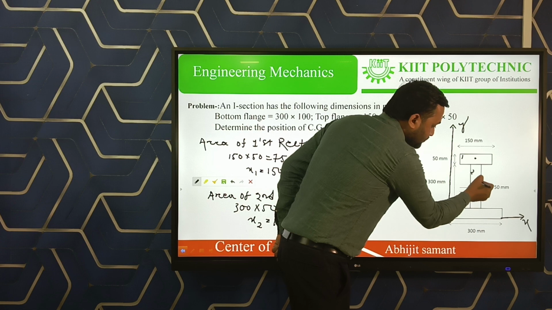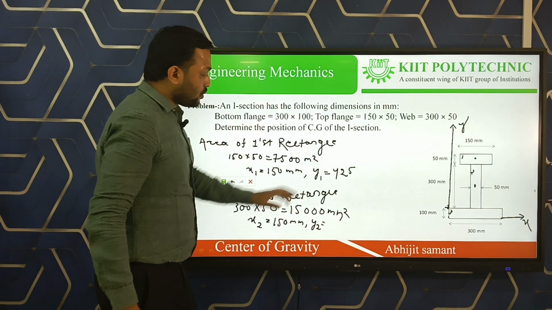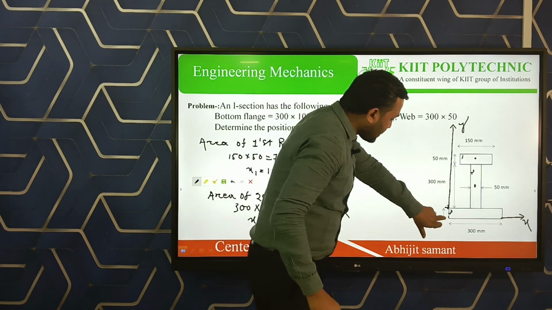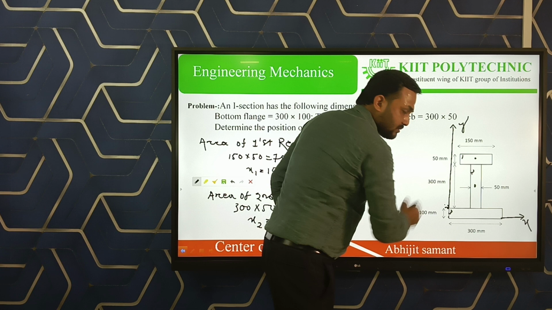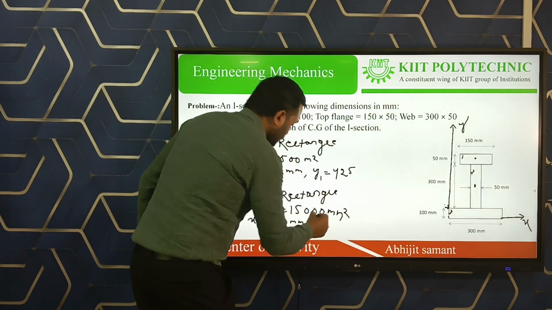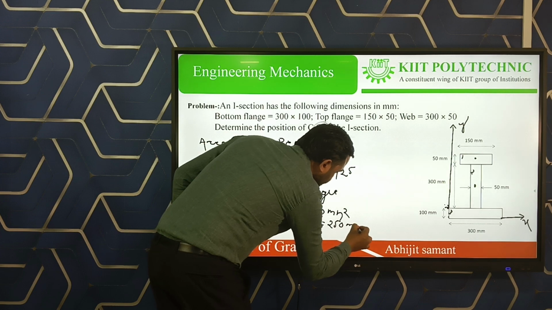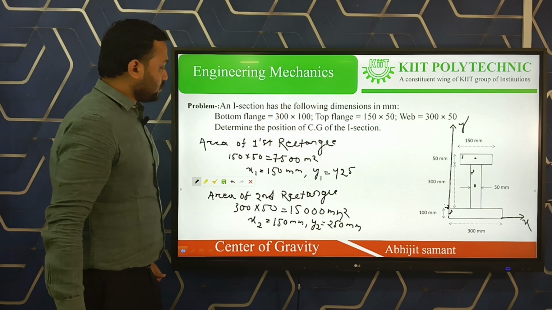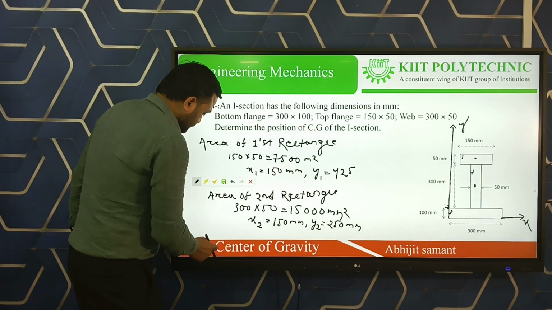The center of gravity of the second rectangle from the x-axis is known as y2. So what is y2? Y2 is 100 plus 300 mm divided by 2, so 250 mm. This is your y2. Let us go to the next slide.